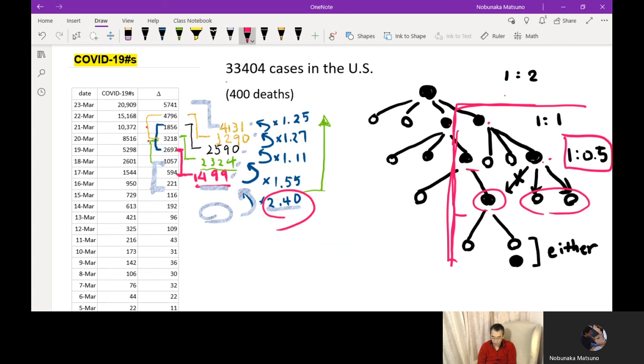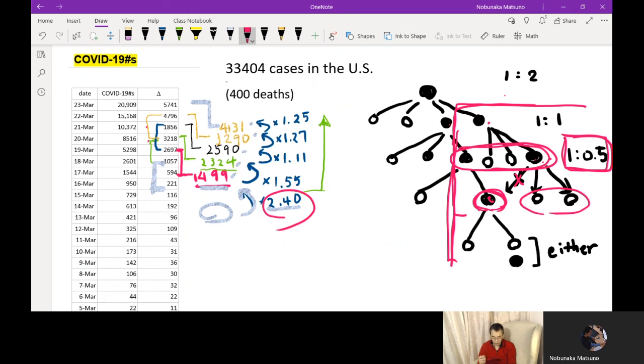In this case, 2 people are infecting 1 person, let's say. The reason I put this X mark here is because this person is infecting this person, so this person can't really infect this person. I just made a model case here. But in this case, 2 people are infecting 1 person, so the ratio is 1 to 0.5. That's where we want to go.